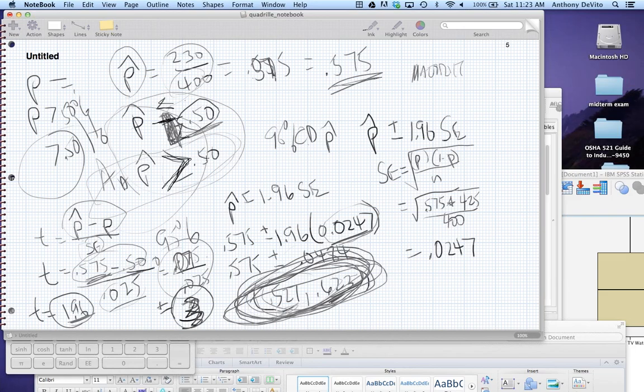So all 5% error could be on one side of the distribution. However, going into this, we didn't know if she had more than 50% or less than 50%. So I would have probably kept this a two-sided hypothesis anyway.